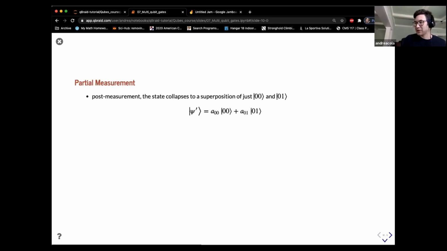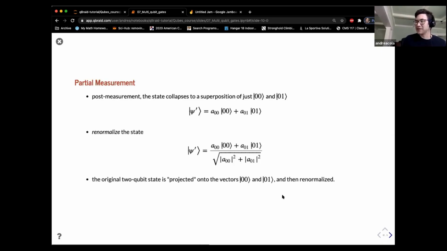So the rule is that we simply renormalize the state. The state after the measurement is precisely what we wrote, except we multiply by a global factor, which makes the norm equal to 1 again.